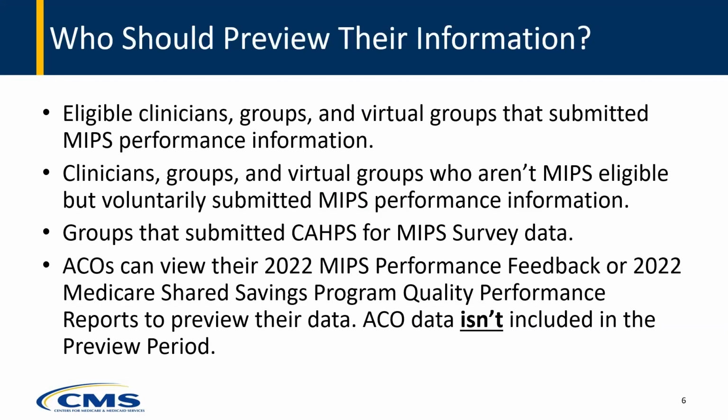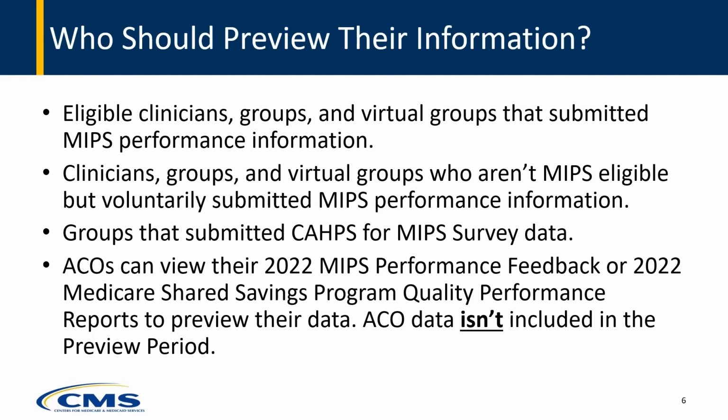This slide shows the types of clinicians and groups who should preview their performance information on the QPP website. This includes eligible clinicians, groups, and virtual groups that submitted MIPS performance information. Clinicians, groups, and virtual groups who aren't MIPS eligible but voluntarily submitted MIPS performance information.